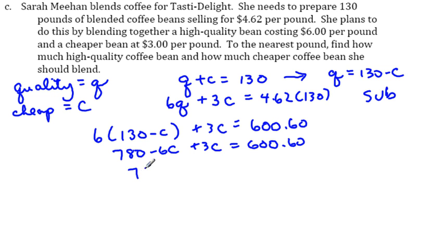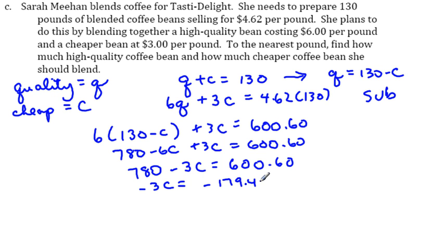So that's going to give me 780 minus 3C equals $600.60. Subtract 780 and I have negative 3C equals negative 179.40. Divide by negative 3 and C is going to be 59.8 pounds.